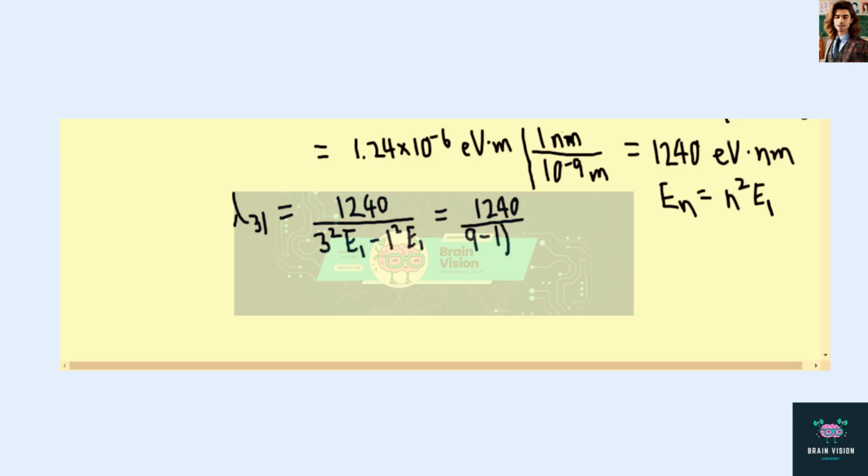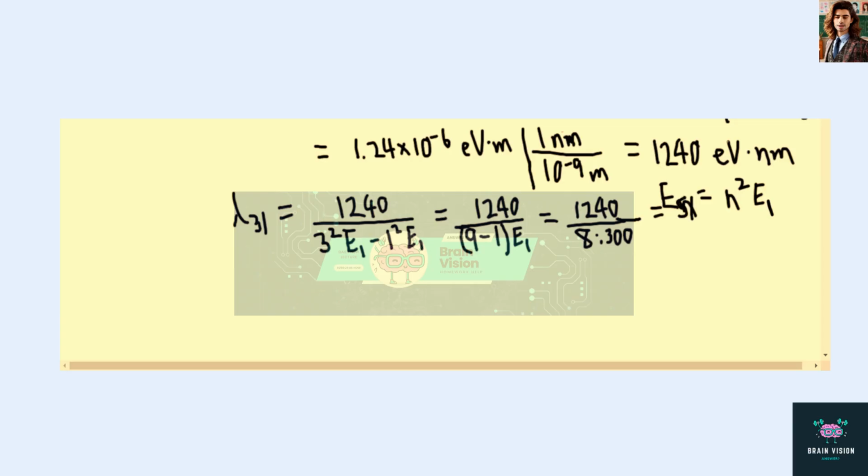So we have 9 minus 1, which we factored out because the values for n squared have the ground state energy value in common. And then we have 1240 divided by 8 times the ground state energy value, which again is 0.300 electron volts.